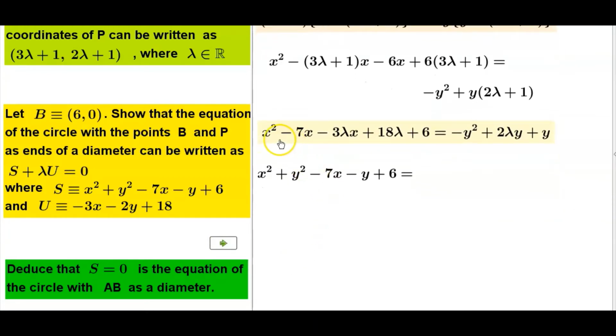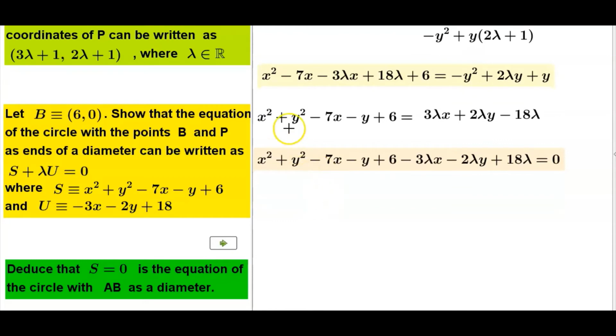Bringing this here, x squared plus y squared minus 7x minus y plus 6 is equal to 3 lambda x plus 2 lambda y minus 18 lambda.